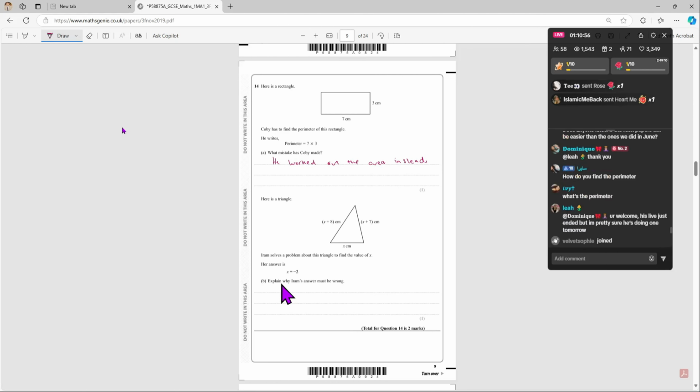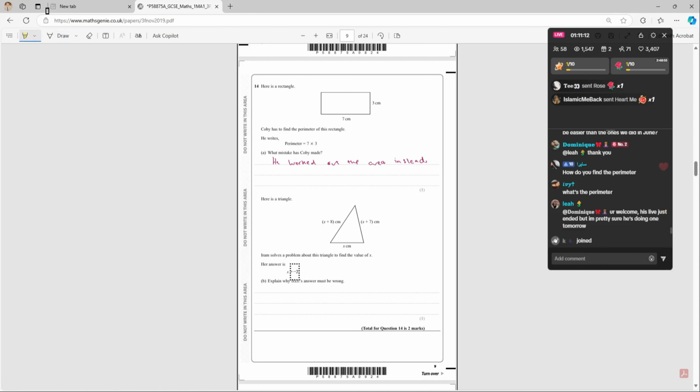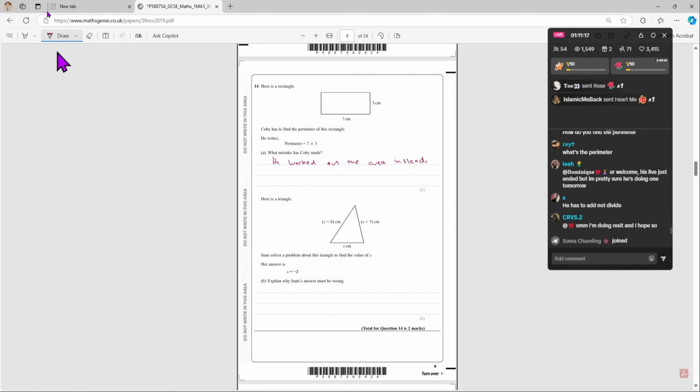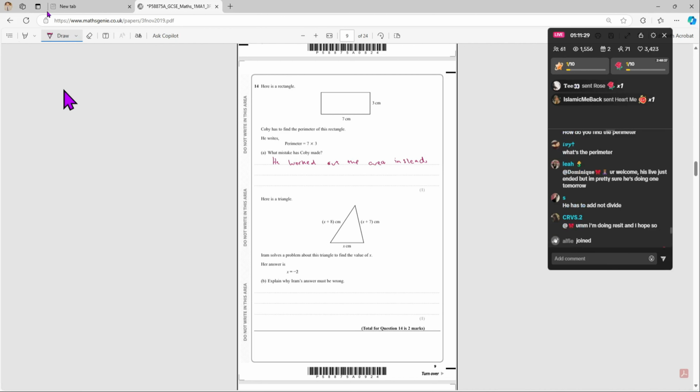How is his answer wrong? Look at it carefully. x is equal to minus 2. Why is he wrong? He has to add, not to divide. That is not it. So it's actually very simple. A length cannot be a negative value, right?